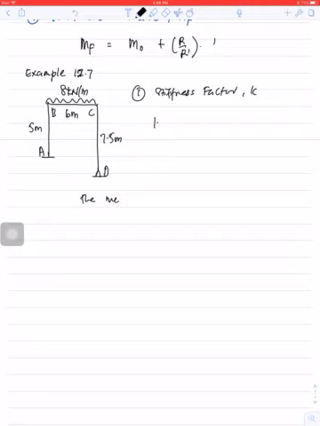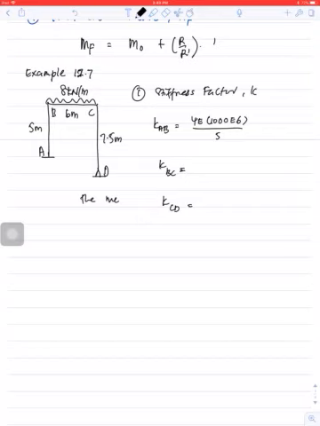So we have three members. We have KAB, KBC, and KCD. For KAB, we will use 4EI over L. E is constant, I is 1000 exponent 6, divided by L, which is 5 meter.